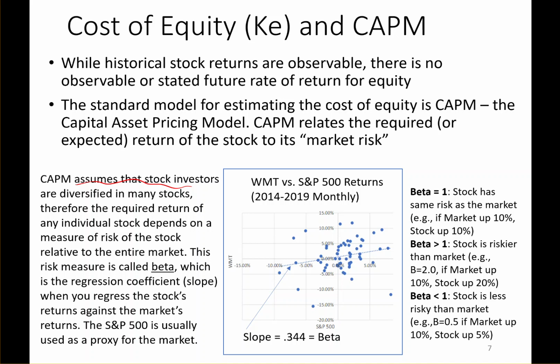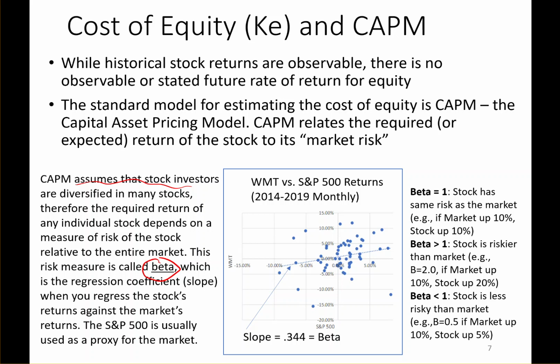This measure of risk of a stock compared to the overall market is called beta in the CAPM model, which is the regression coefficient or slope when you regress the stock's returns against the market's returns. And the S&P 500 is usually used as a proxy for the market.